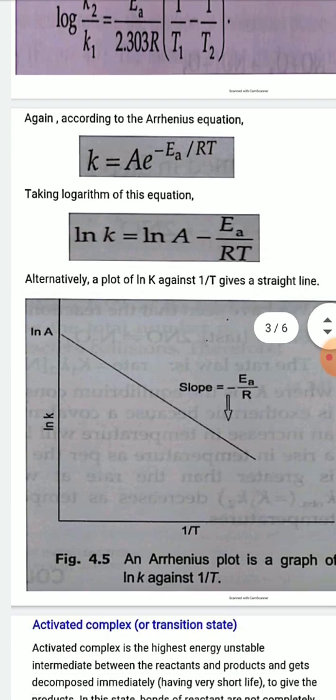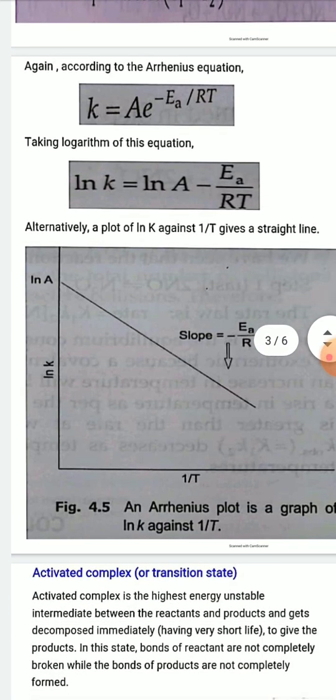Again, according to the Arrhenius equation, K is equal to A into e to the power minus Ea by RT. Taking the logarithm of this equation, it becomes ln K is equal to ln A minus Ea by RT.